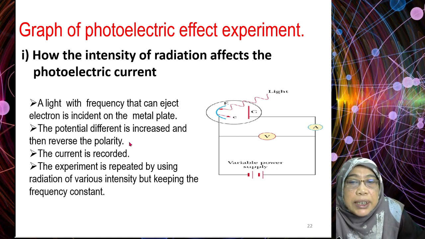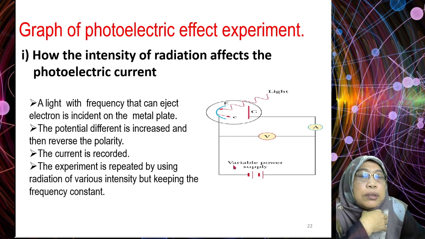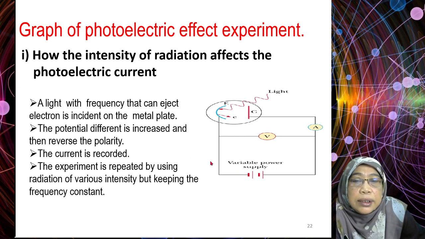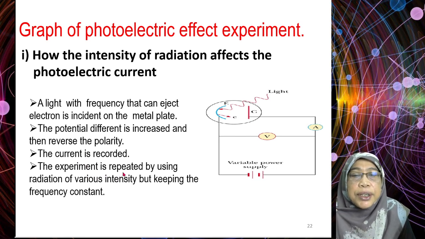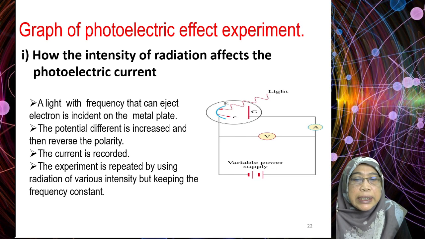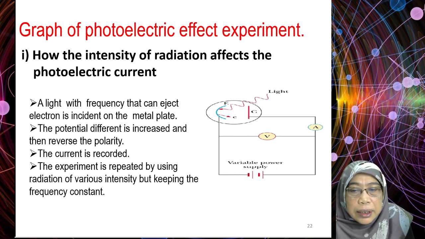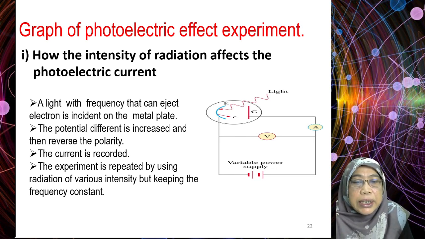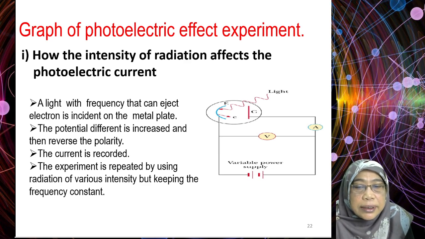The potential difference is increased and then the polarity is reversed, to determine the kinetic energy. Then you record the current. After that, the experiment is repeated using radiation of various intensity but keeping the frequency constant. So the frequency is constant, but you increase or decrease the intensity of the light.